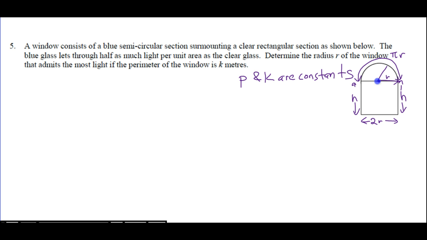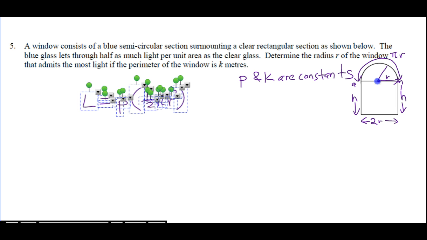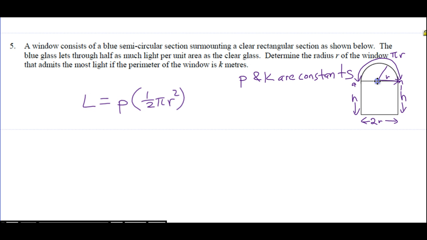And so the amount of light, it's based on area, right? Or, I mean, the amount of light coming in. So we've got area. So the area of the rectangle is 2RH. And the area of the circle is 1/2 pi r squared.